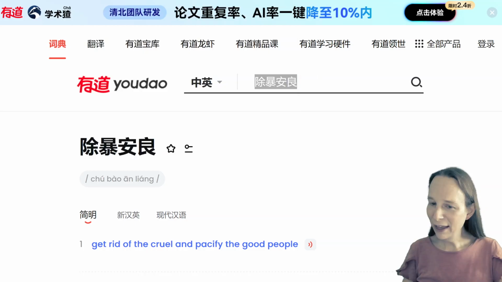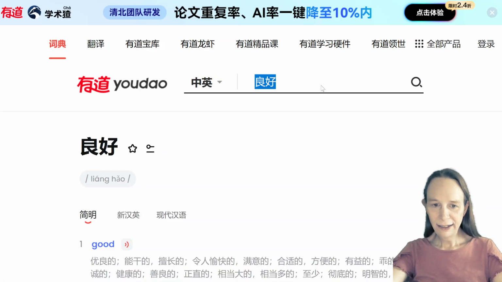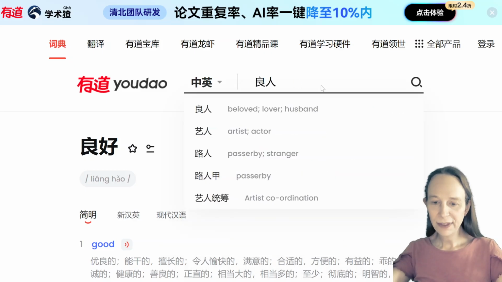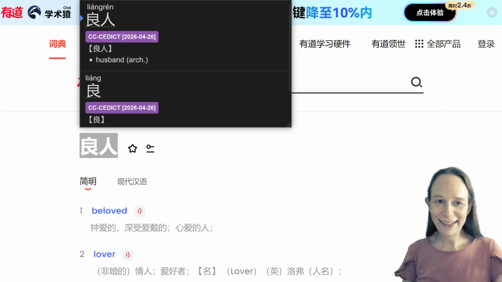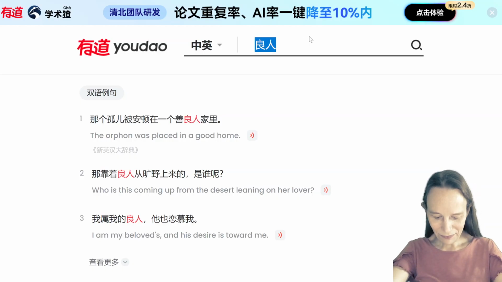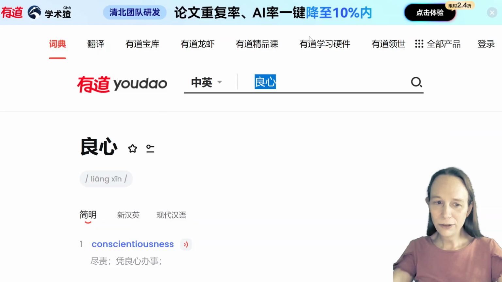I don't think we need to know that. 良好 we know. 良久 we know. 良人 is the good person, right? It's just 好人, archaic. 善良, maybe we don't need to know this anymore. 良心, good conscience.